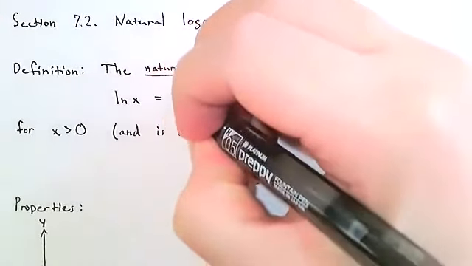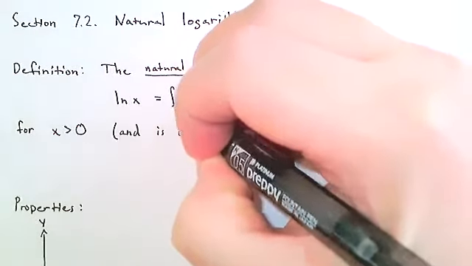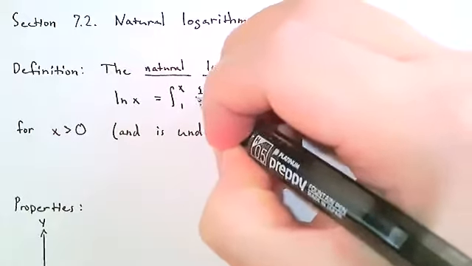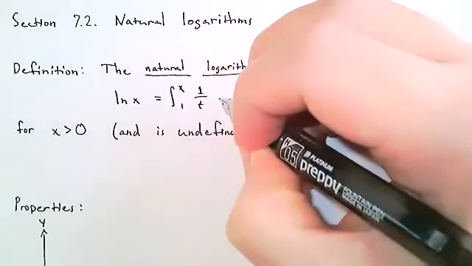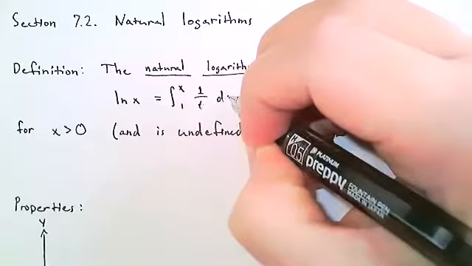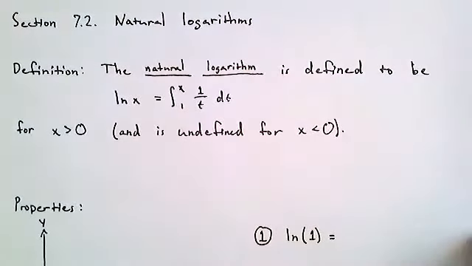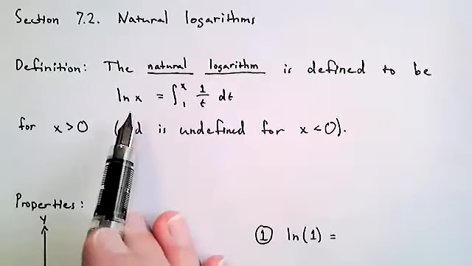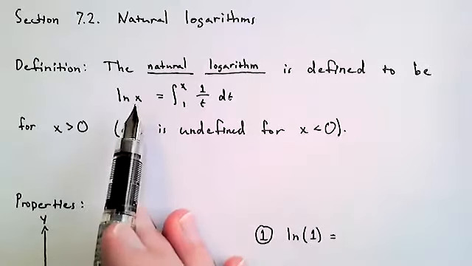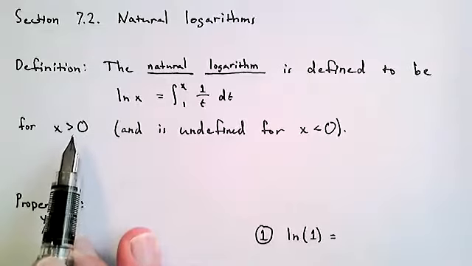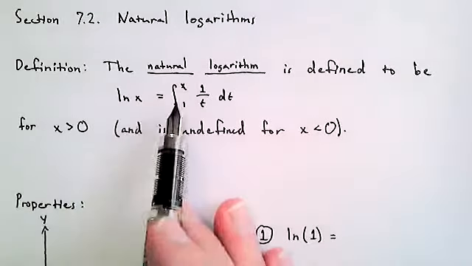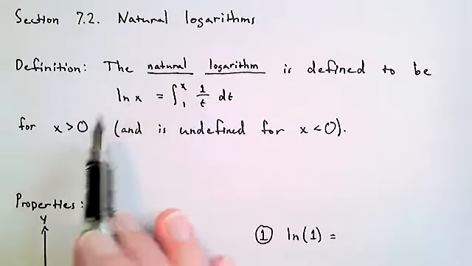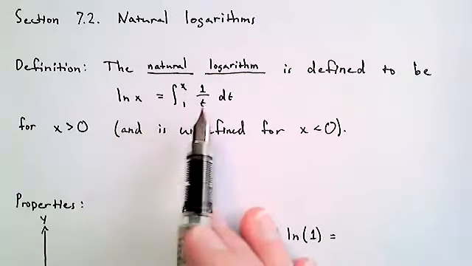And this is going to be equal to the integral from 1 to x of 1 over t dt. And you might also remember that you can't plug in negative numbers, or 0 either. This only works for positive x.